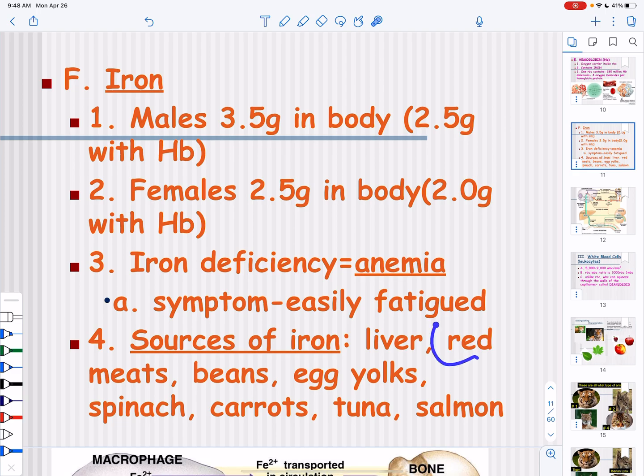It's okay to have some red meat. It's okay to have salmon and tuna, but it's something that you don't want to eat every day. Can you eat beans every day? Yes. How about carrots every day? Yes. How about spinach every day? Yes. But you definitely don't want to be eating liver or eating egg yolks every day. You don't want to be eating red meat every day. That would not be good for your system.